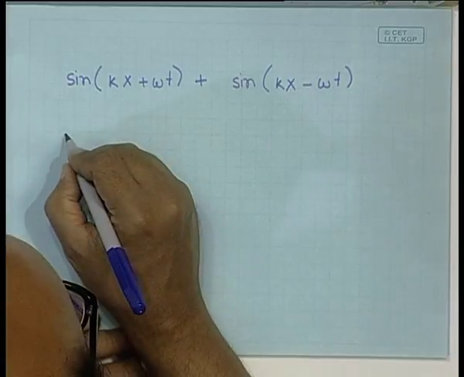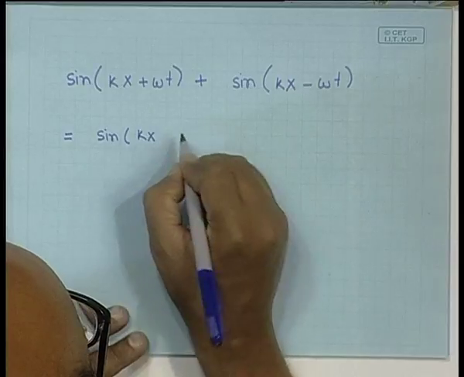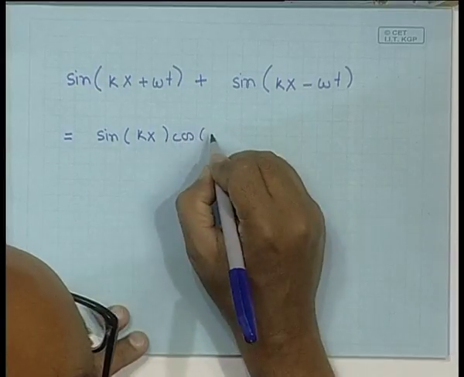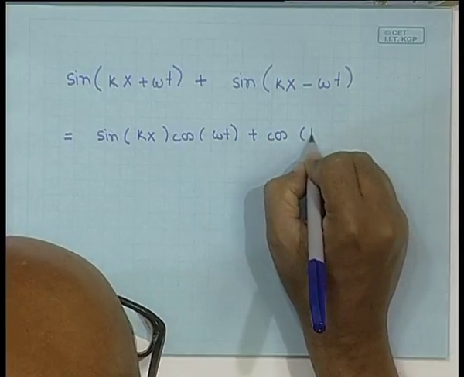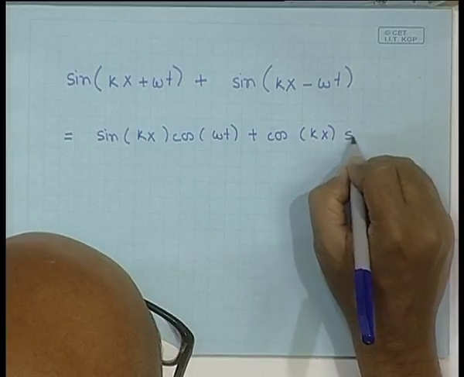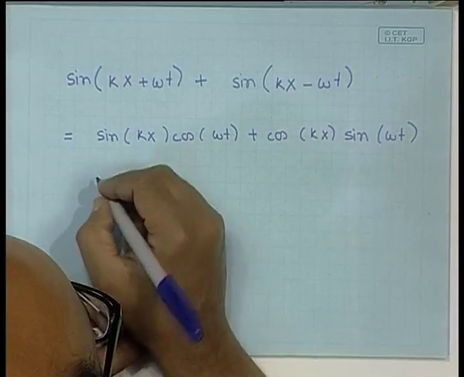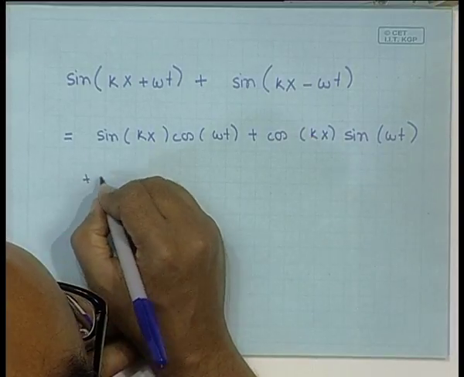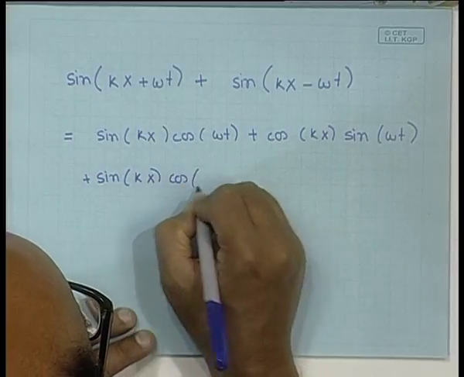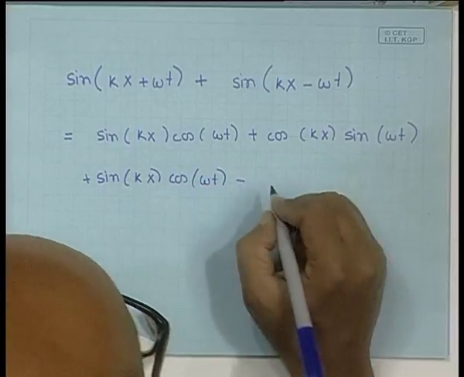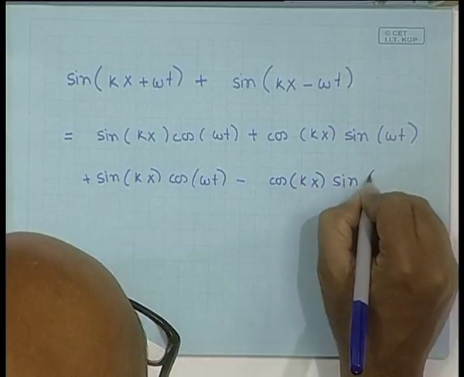Now, this first wave we can write as sin kx cos omega t plus cos kx sin omega t. The second one we can write as sin kx cos omega t minus cos kx sin omega t.